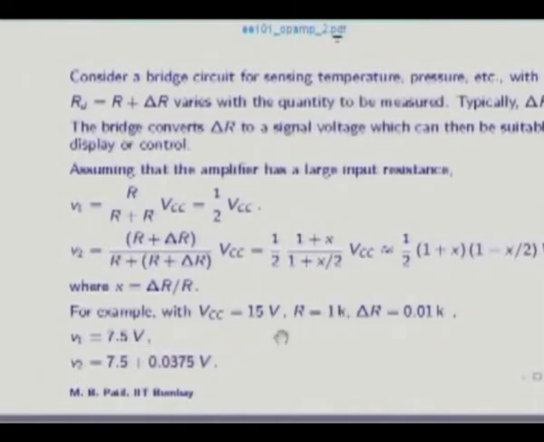V2 will be 7.5 plus that X by 2 factor, and that comes to 0.0375 or 37.5 millivolts. So the differential mode signal that you are looking at, the difference between these two, is actually very, very small compared to the common mode, which is large, 7.5, and that is actually the key to instrumentation amplifier.